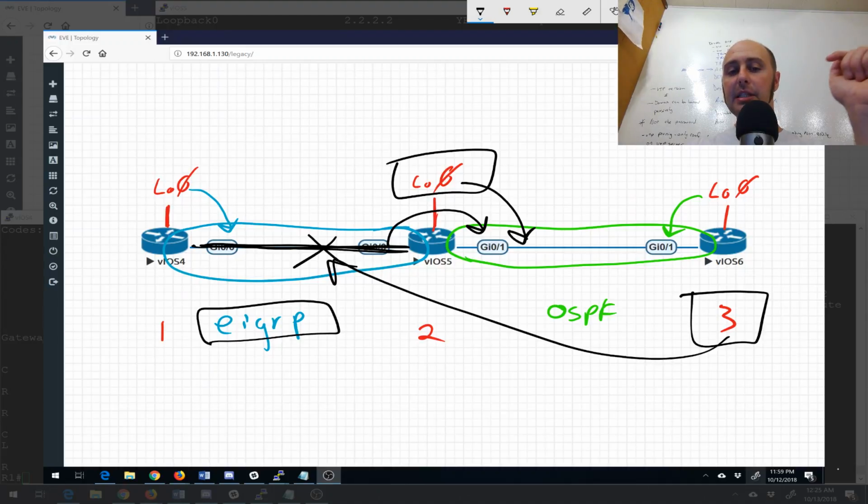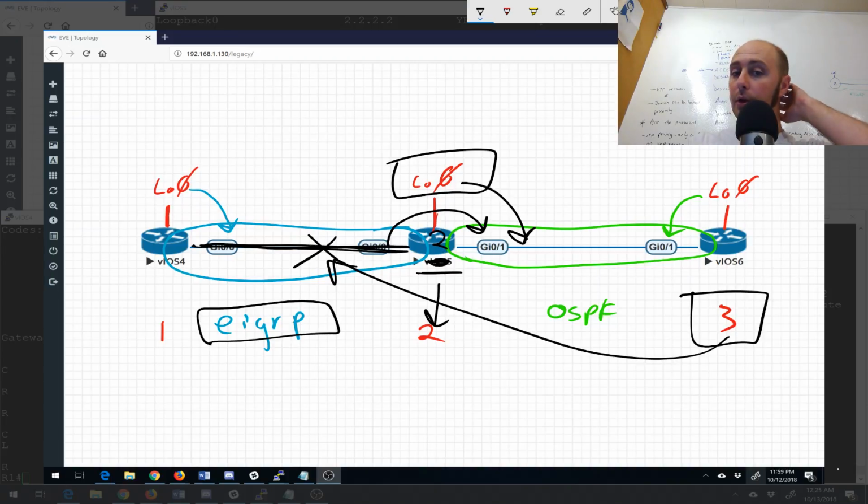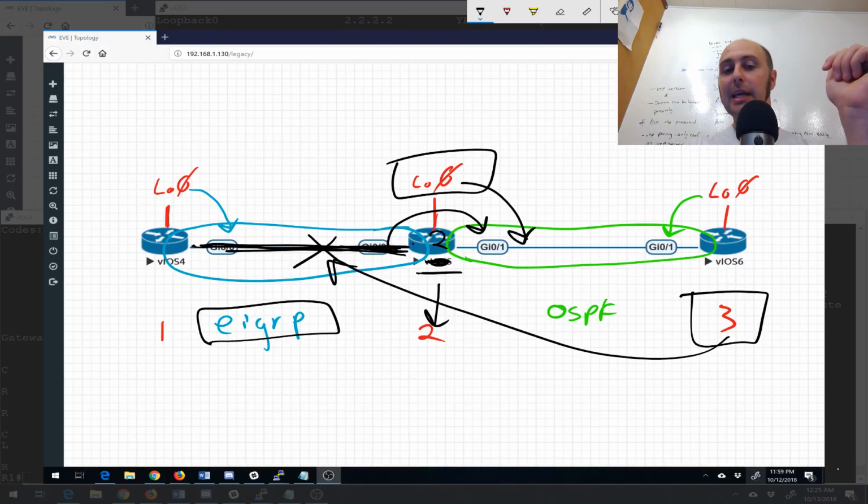And I think that stems from here on, even though this says IOS 5, it's actually router 2. Here on router 2 doesn't see this connected link as an EIGRP interface. It sees it as a connected interface. And so I think that's where the override happens.